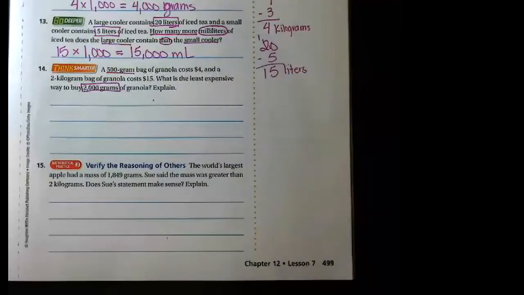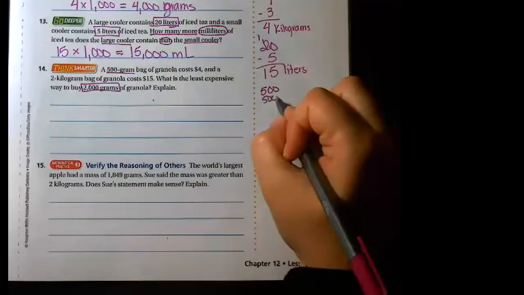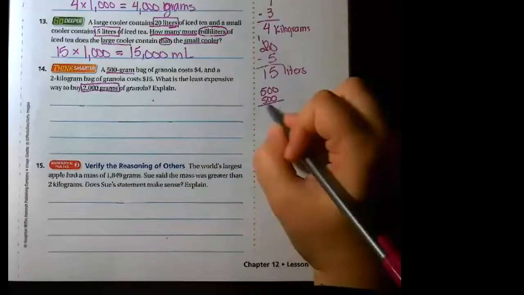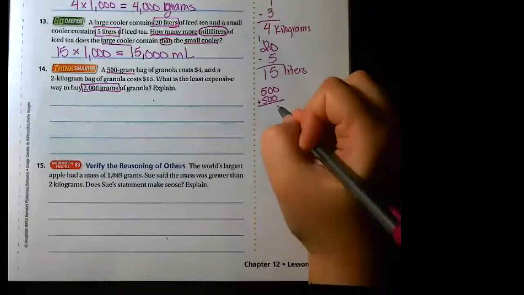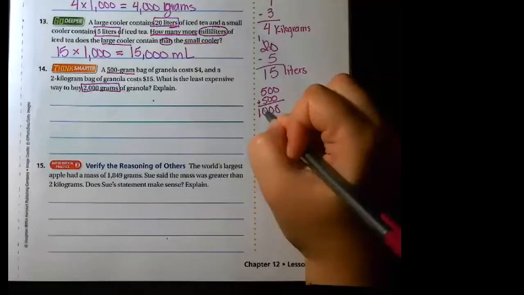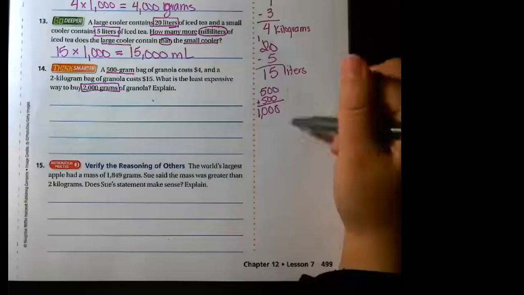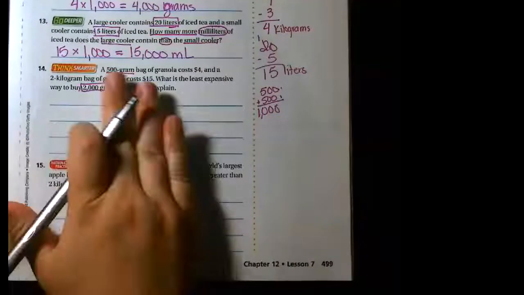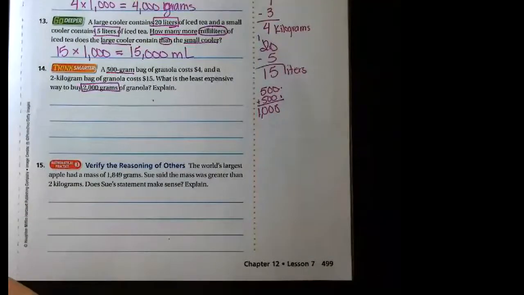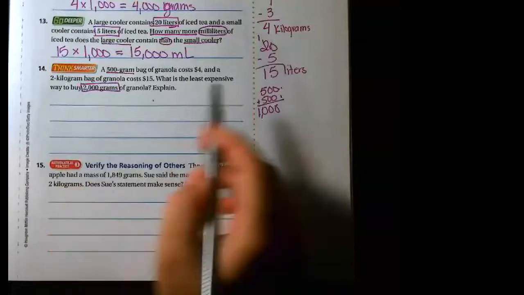Okay, so we can multiply here or we could add them up. Okay, so if I have 500 plus 500, what does that make? Good, 1,000, because I would have 0, 0, 5 plus 5 is 10. So I have 1,000, but I need 2,000. So I would have to do this 2 times, which means I would have 1, 2, 3, 4. So it'll take 4 of those 500 gram bags to make 2,000. So now I need to say, okay, they're talking about how expensive it is though.